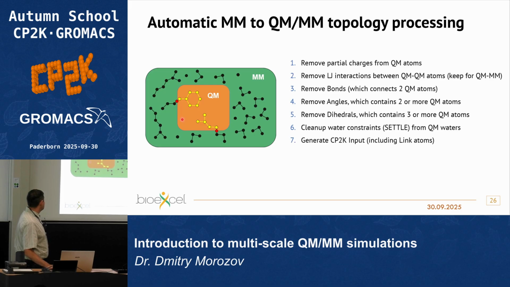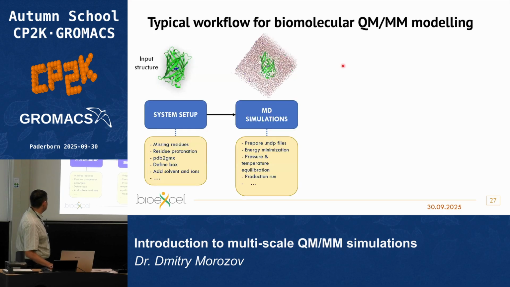Okay, and of course, you would also need to generate the CP2K input and include the additional link atoms in the CP2K input. And that's what the interface is doing. So how it's typically working. As yesterday, you set up your system exactly in the same way. You can take it from a PDB or from whatever database. You need to make the topology.